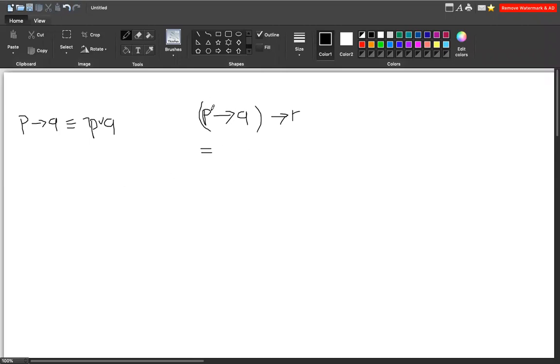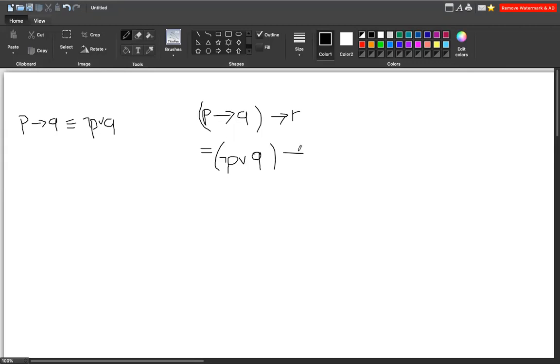Now we have to apply this rule over here. If we apply this rule in the brackets, I'm going to write it as negation of P or Q. This is good.